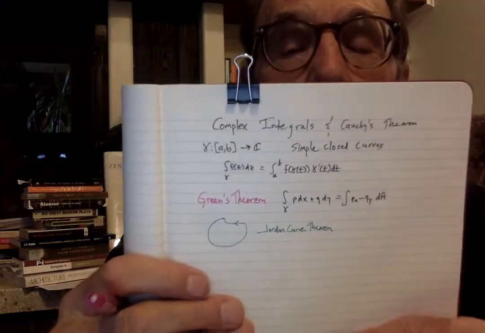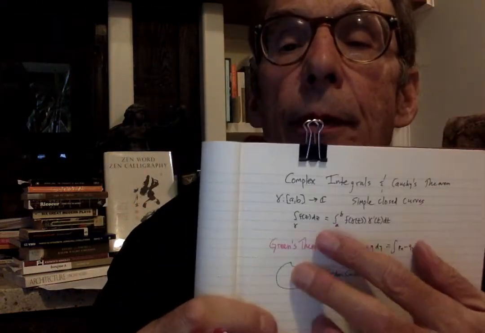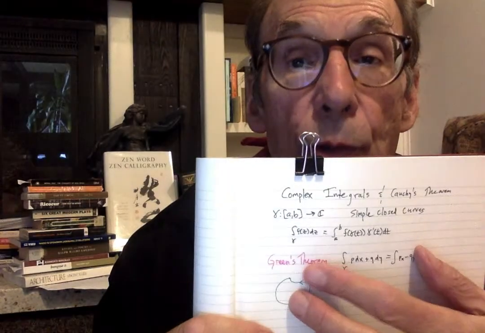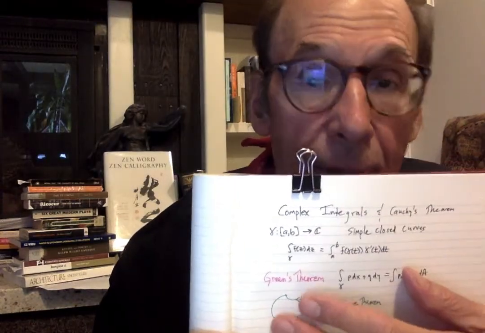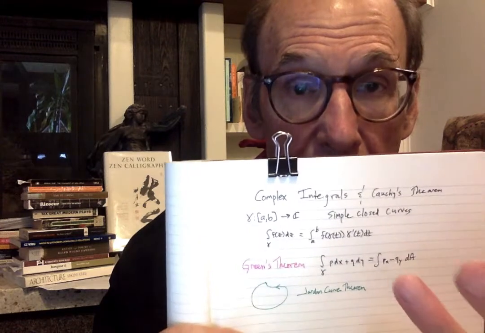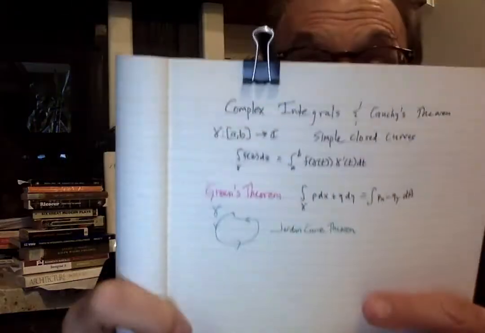The Jordan curve theorem says that a simple closed curve, continuous and the like, subdivides the plane into two regions, an inside and an outside. Of course, that depends on your perspective. And so I'm just going to say, look, I've got the curve gamma here in green, and the inside, and I hope you noticed, but I'll point it out again, gamma is going counterclockwise.